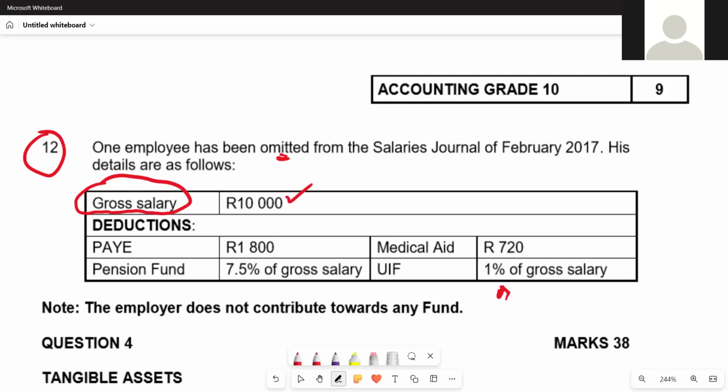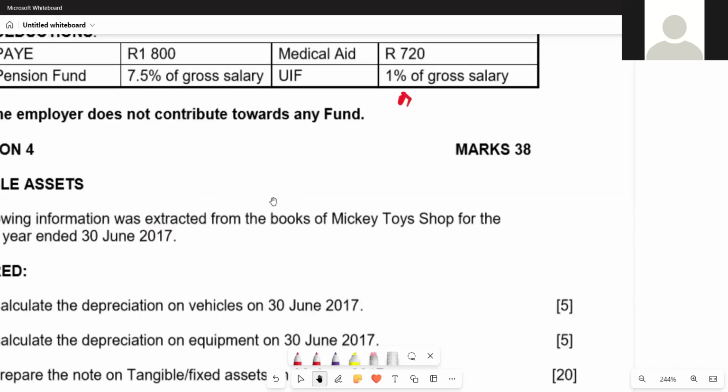So we are going to add this 10,000 to the figure of salaries that we are given there in the list of balances. So remember, when we checked the figure for salaries, the figure that we got was 96,750, and we are going to add our 10,000. So I'll go to the other section.